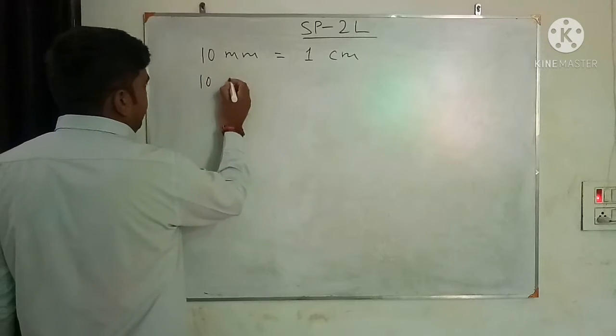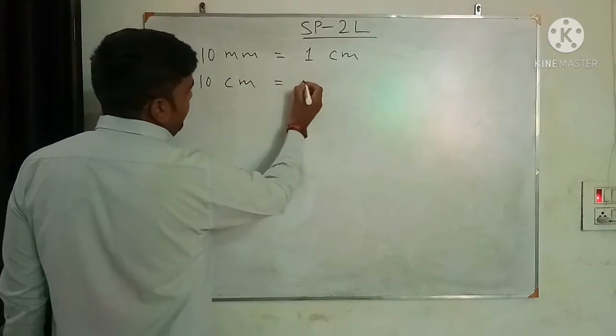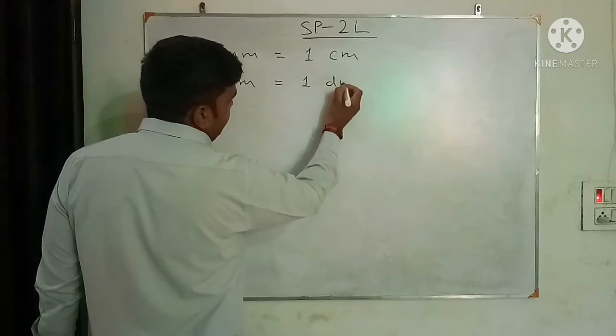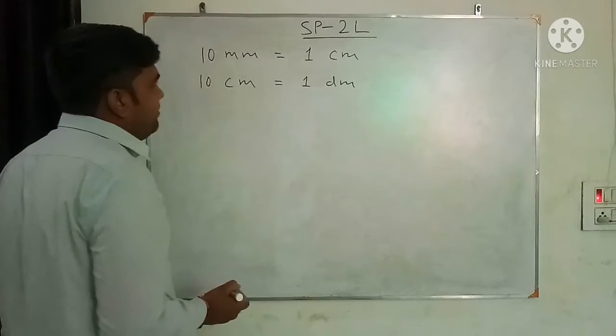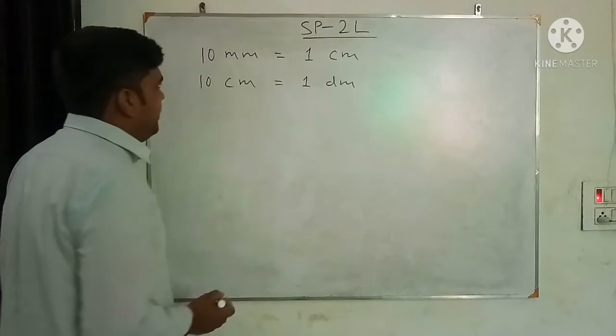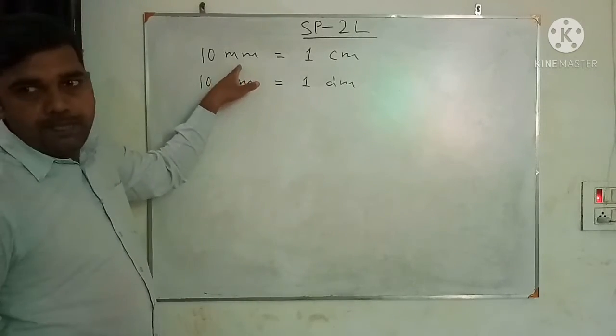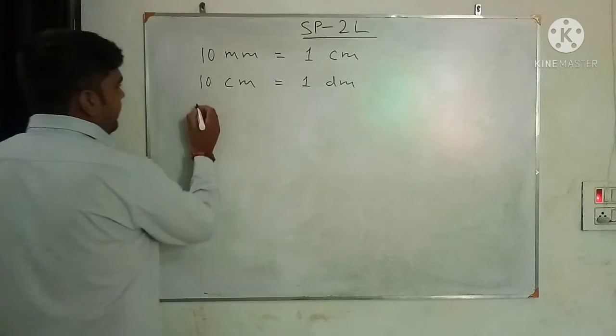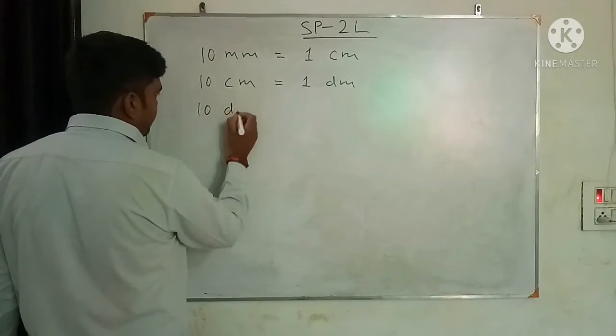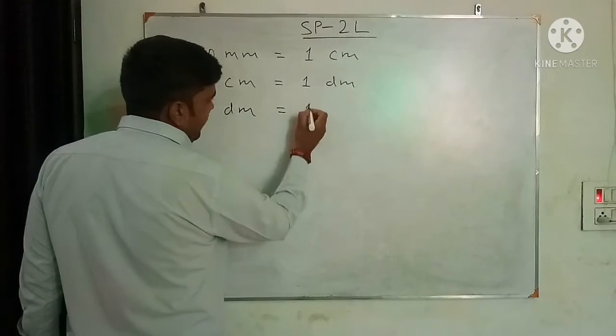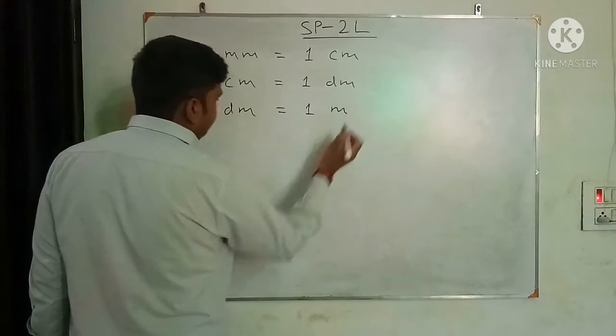Now 10 centimeter equals 1 decimeter, dm. Okay, cm means centimeter, mm means millimeter. Now 10 decimeter equals 1 meter, small m.